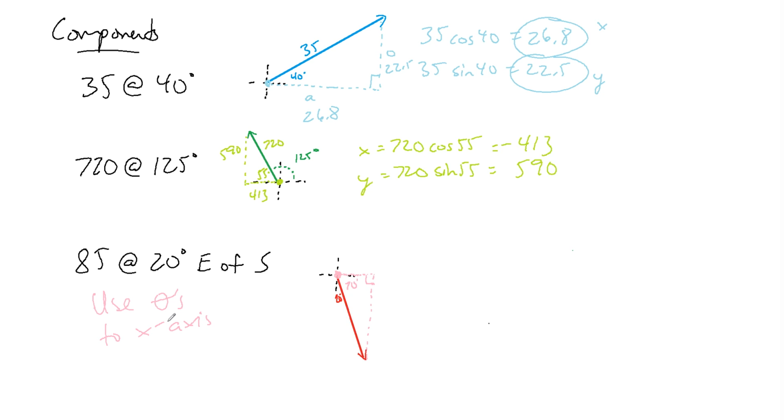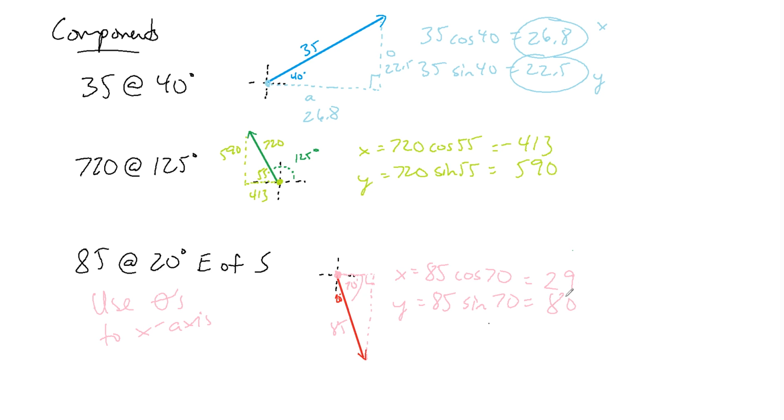So I'm going to use that 70 degrees in there, and this was 85 long. For my x component, I'm going to do 85 cos of 70. For y, I'm going to do 85 sine of 70. If I do 85 cos 70, we're just going to round off, I get around 29. And 85 sine 70 gives around 80.